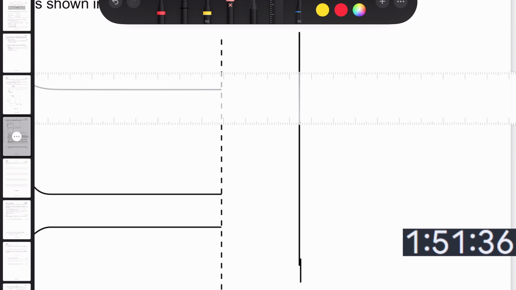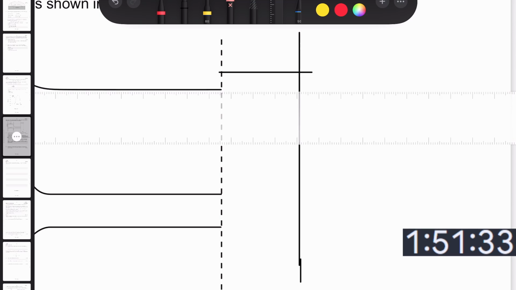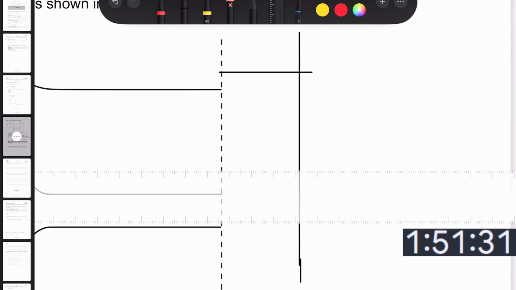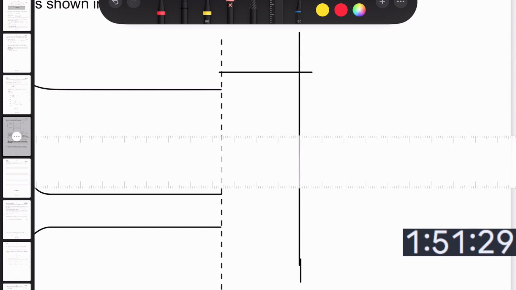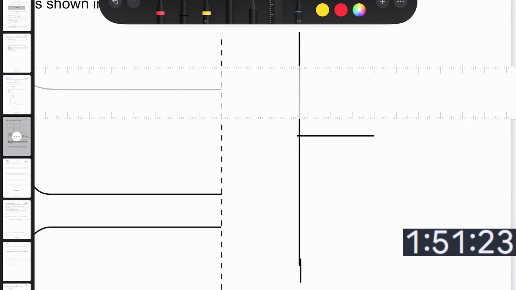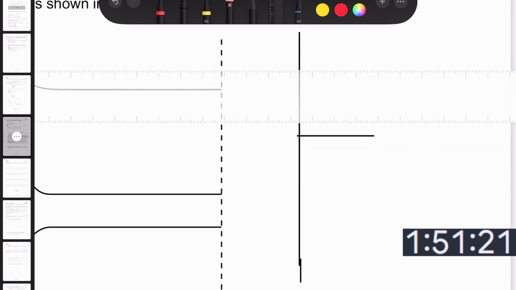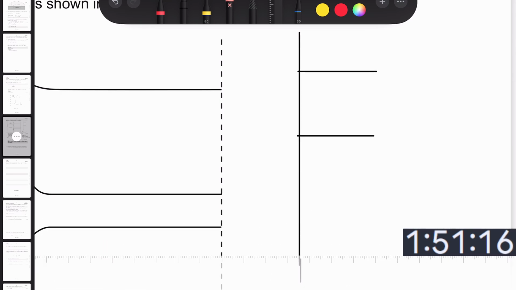So let's say the N2 goes up by 2. Then the hydrogen needs to go up by 6 of these lines. There are 2 lines. And then the ammonia needs to drop by 4 of these lines.